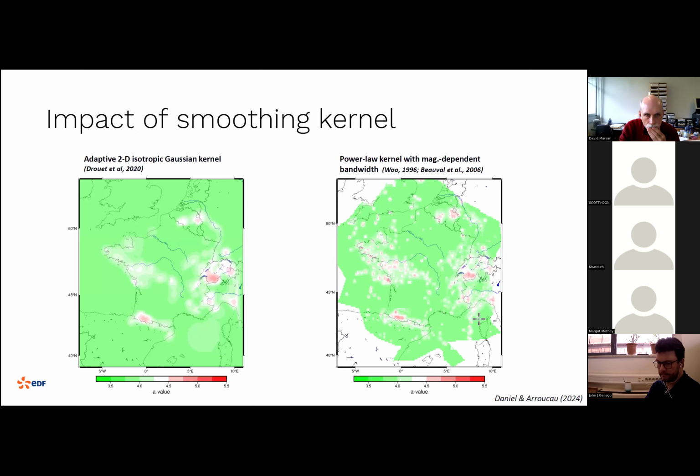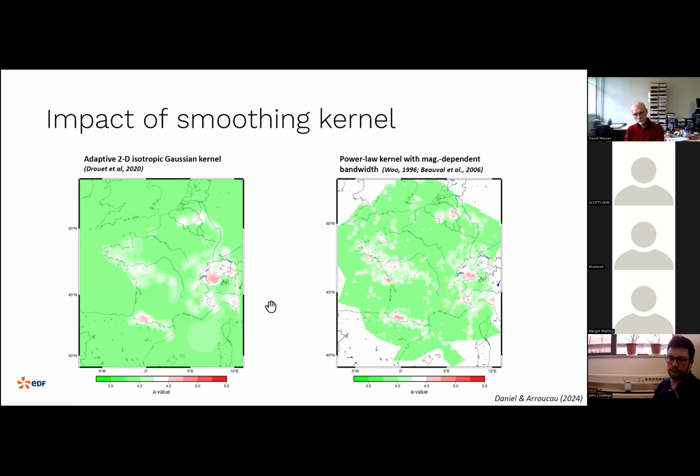But from the modeler's point of view, you have to keep in mind that this choice of kernel is not completely innocent. It's not innocent because it drives the smoothing, the way you spread the seismicity over your area.